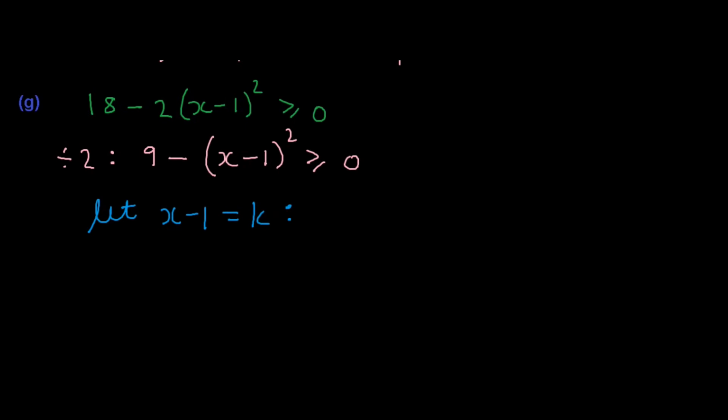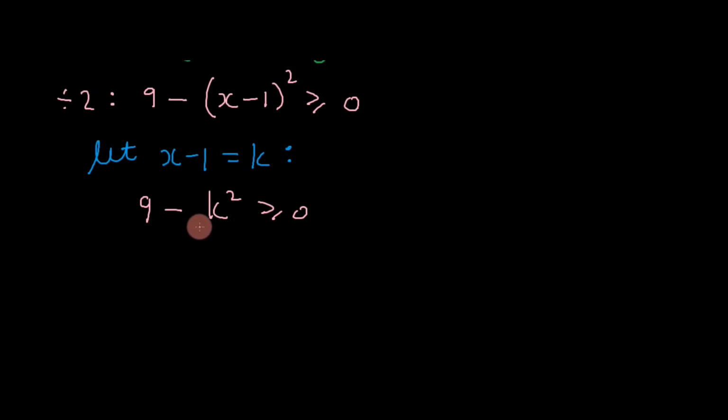So then we end up with 9 minus k squared is greater than or equal to 0. And this, of course, is a difference of squares, which we can factorize as such. So it's going to be 3 minus k times 3 plus k greater than or equal to 0.